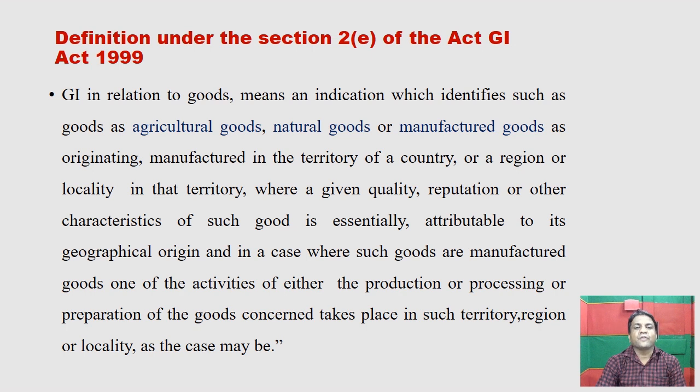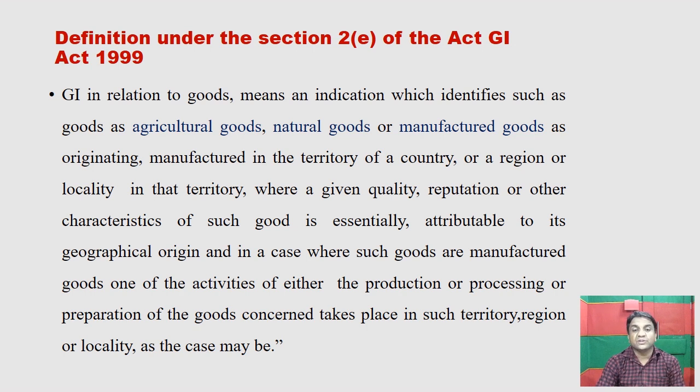Especially, the geographical indication identifies agricultural goods, natural goods, or manufactured goods. Agricultural goods: traditionally, farmers cultivate the crops in agricultural areas.